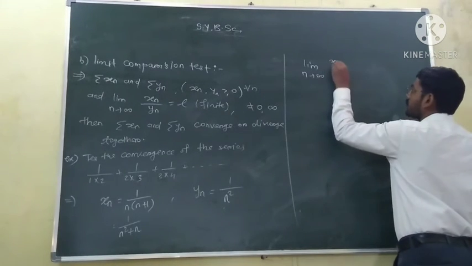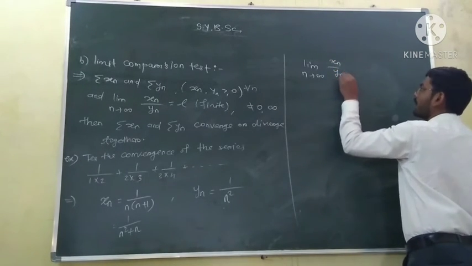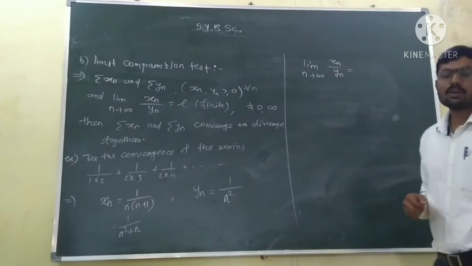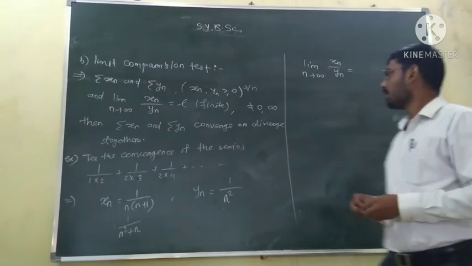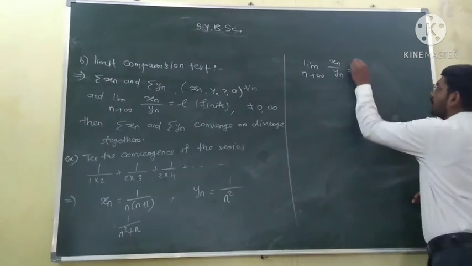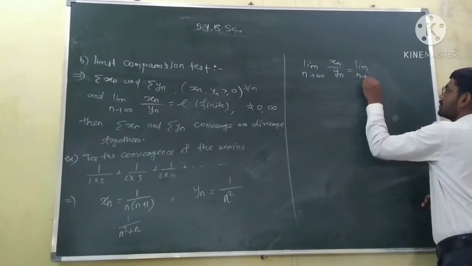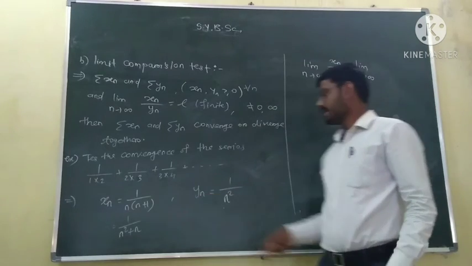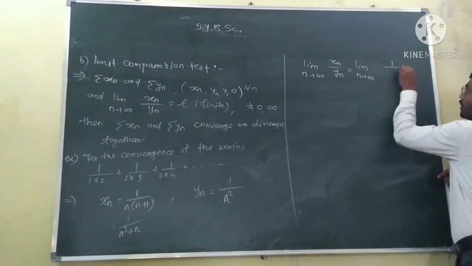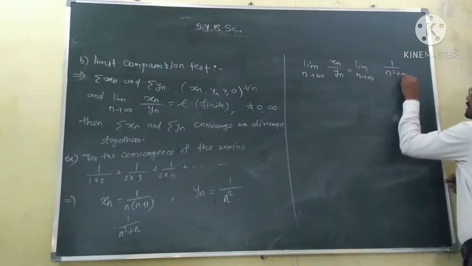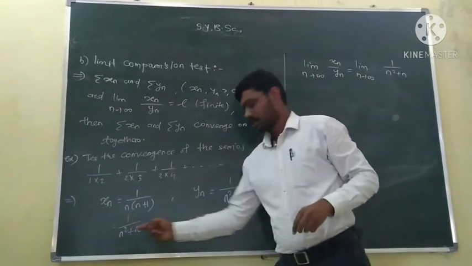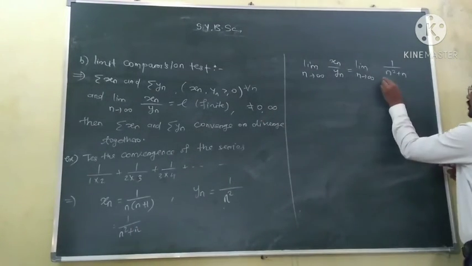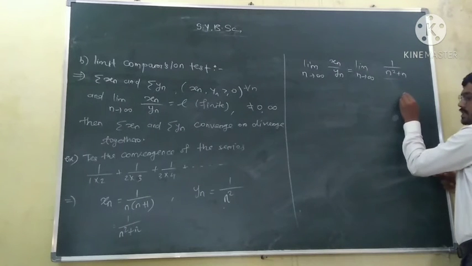So limit n tends to infinity, xn upon yn is equal to limit n tends to infinity, xn is 1 upon n square plus n upon yn, 1 upon n square.